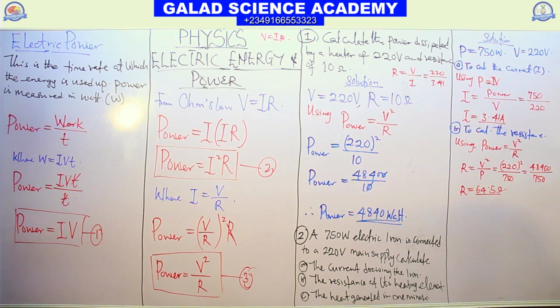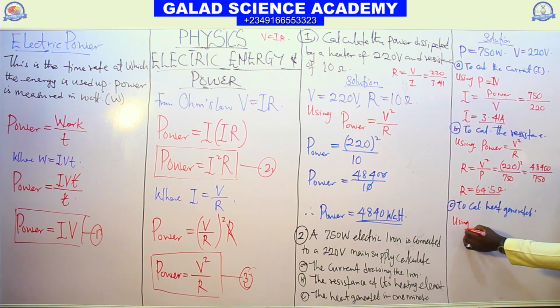The last one is C, to calculate the heat generated. To know the heat generated, we use power, because power is heat generated over time.